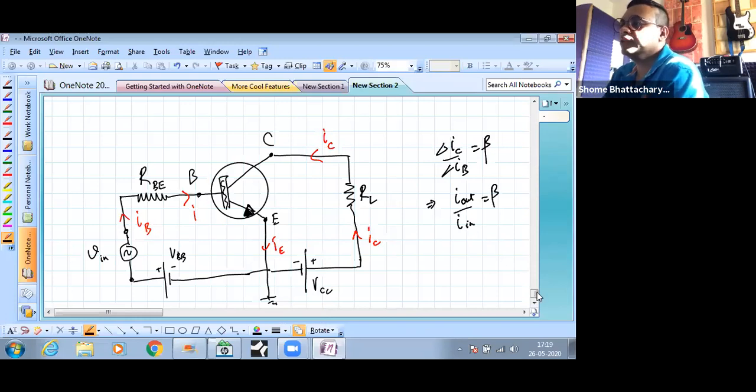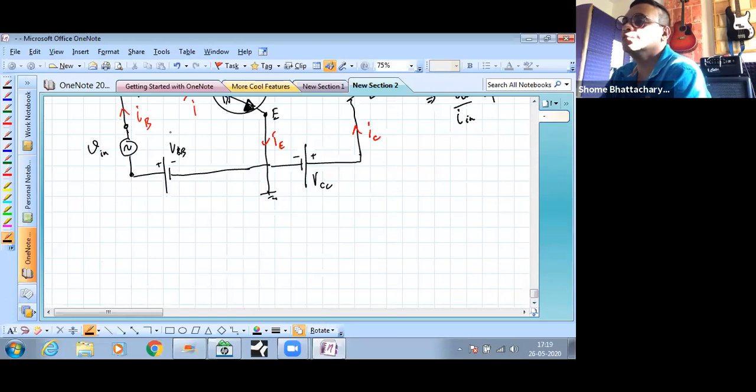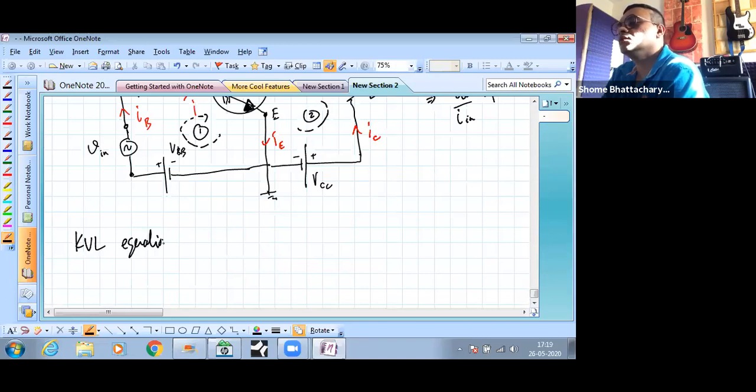Okay. Now next what we'll do is we'll apply KVL, Kirchhoff's voltage loop equation, to two loops. So one will be this loop, let's say loop 1, and next will be this loop, so let's say it is loop 2. So let's see those.